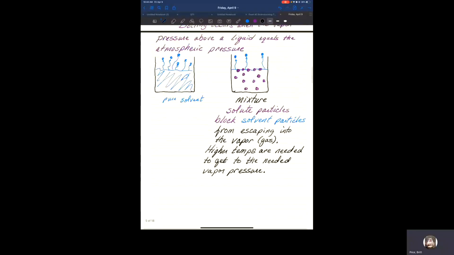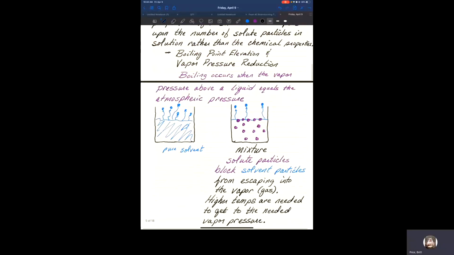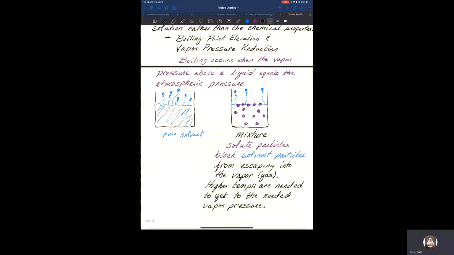All right, so there's one is vapor pressure lowering. I think I always learned it as boiling point elevation. Never really talked about it in terms of vapor pressure when I was a student. It means the same thing. All right, so they're hand in hand.